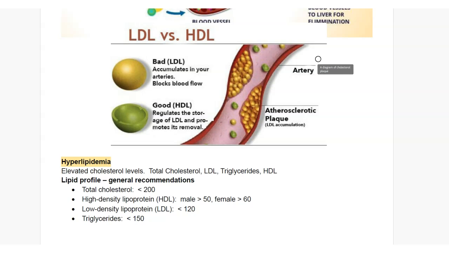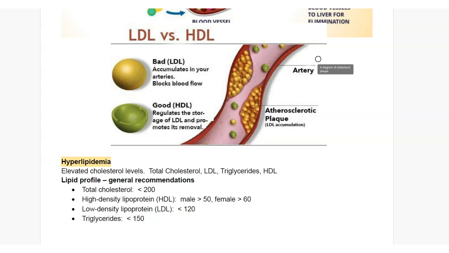The general recommendation is for a patient to have a total cholesterol level of less than 200, and HDL, or high density lipoprotein, for male should be above 50, and for female it should be above 60, and LDL, or low density lipoprotein, should be less than 120 for both male and female.